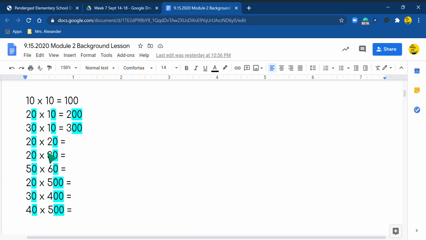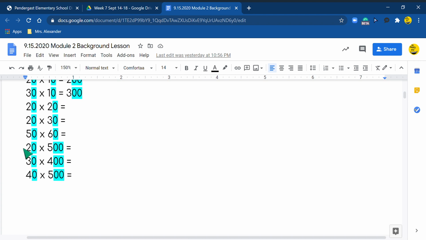How many zeros? I'm going to jump down here to the bottom, 30 times 400. So what I want you to do is go 3 times 4. You guys are right, it's 12. And then I count my zeros, 1, 2, 3. I add in 3 zeros. So that is 12,000. I'm going to bring you the one up here.